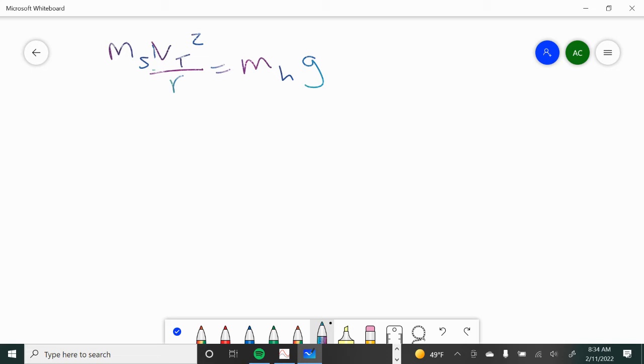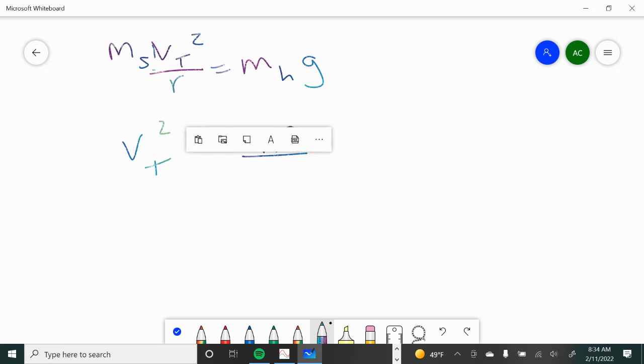Okay, what is it equal to? What is VT squared equal to? Just MHG multiplied by R? No, MHG over the mass of the stopper.